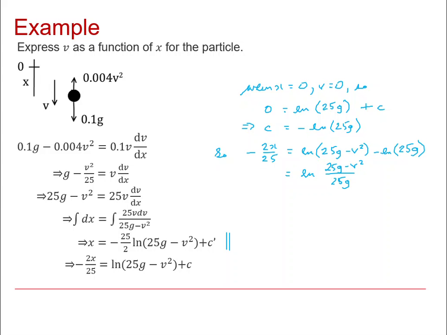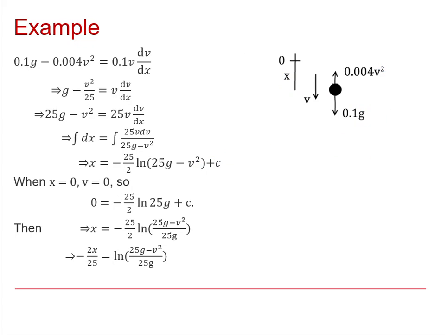Okay, that's now set up to do something really quite powerful, which is to take exponentials of both sides. But let's create a bit more space and get up to date with a tidy version. So there we are at the foot of the page with the point I just reached. So if I take exponentials of both sides, I'll get e to the minus 2x over 25 is equal to 25g minus v squared over 25g.